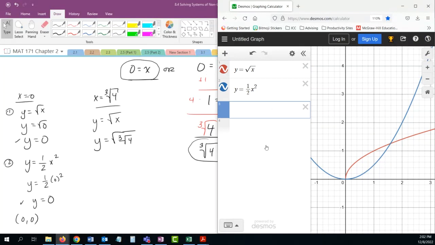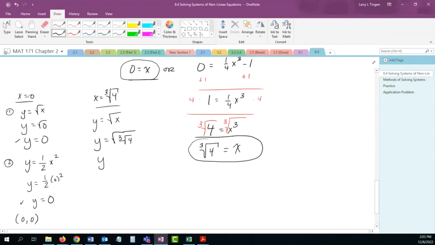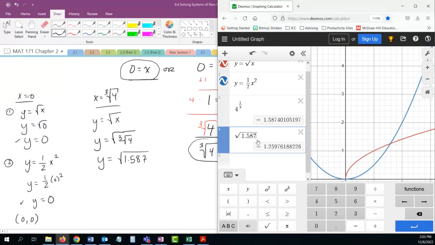So what is the cube root of 4? 4 raised to the 1/3 power is 1.587. Okay, so y is equal to the square root of 1.587, and that's 1.26.